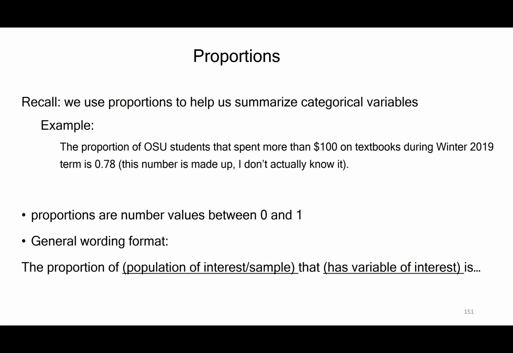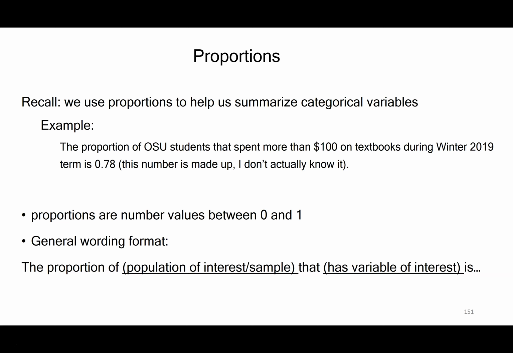So proportions. So this is a throwback to types of variables. Up until now, for the most part, we've been dealing with quantitative variables, so those are values that make sense to average. But this will be when we're looking at a categorical variable, specifically one that we can break into two categories.